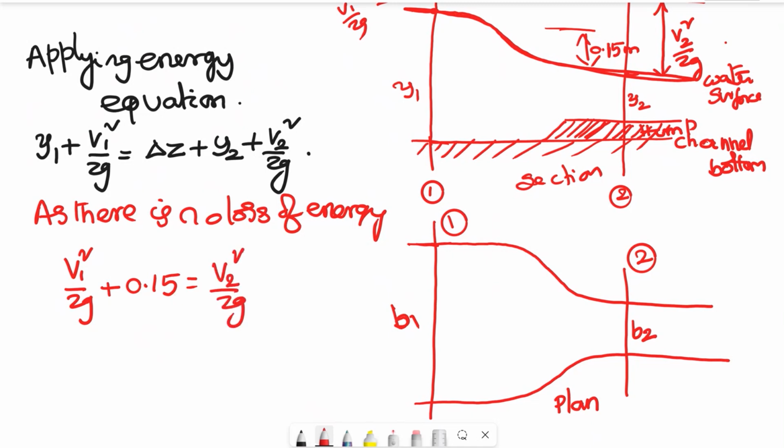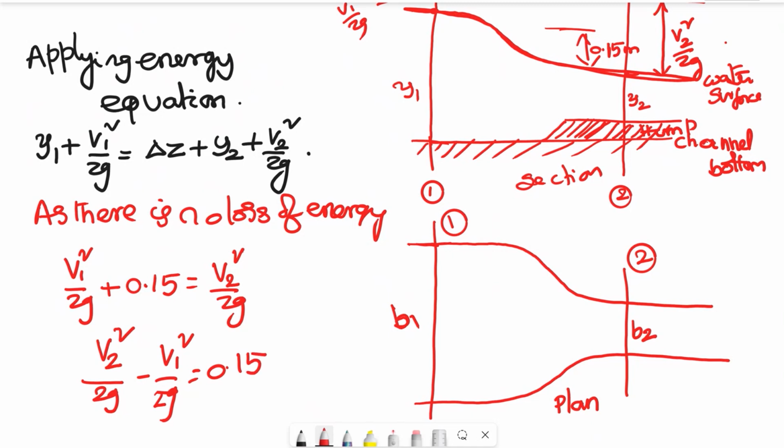It is better to write v2 squared by 2g minus v1 squared by 2g is equal to 0.15. That is what he has given.